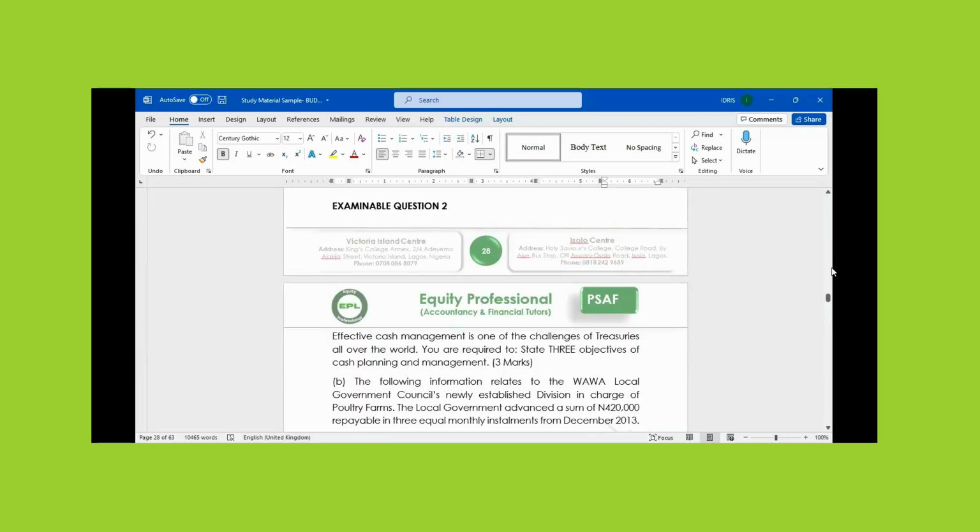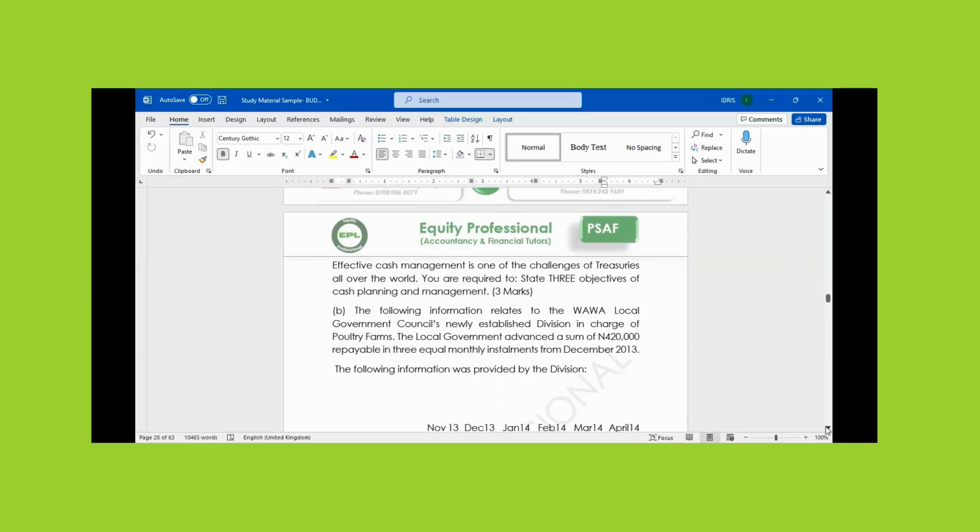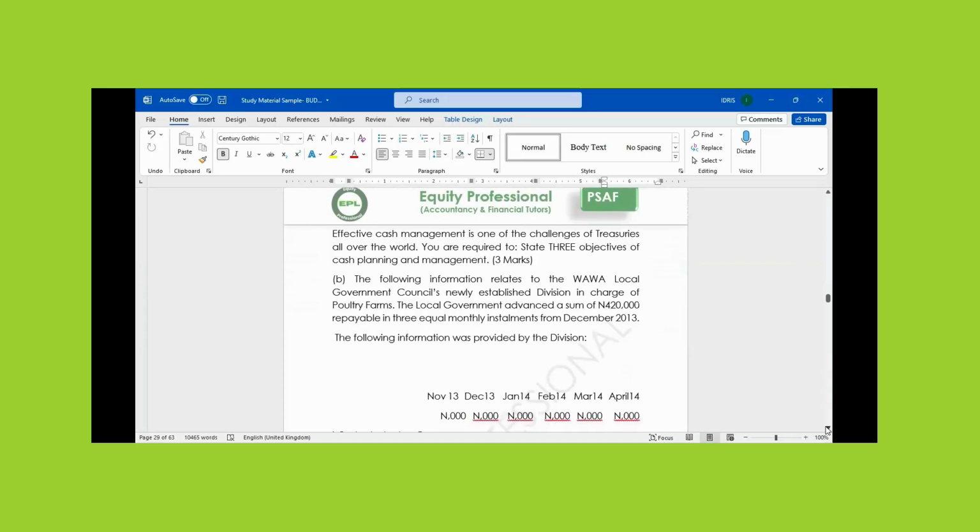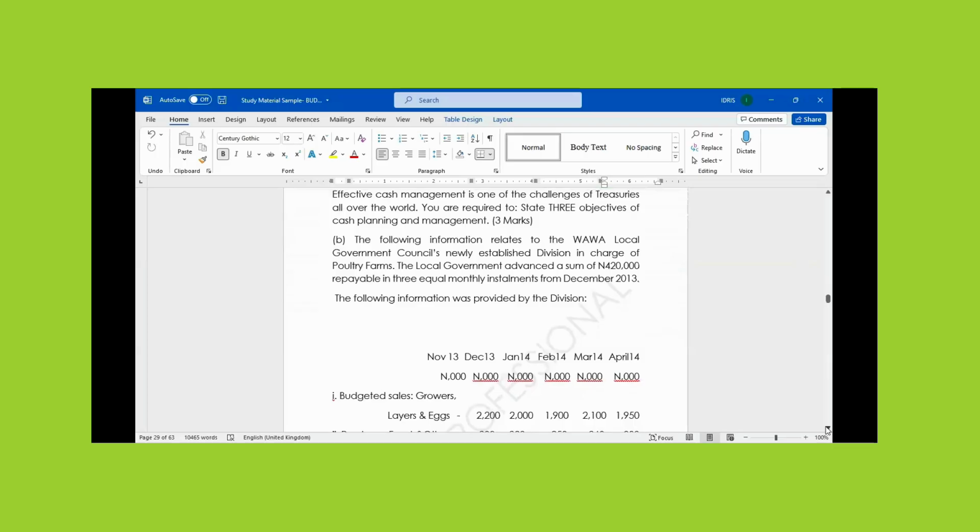You are required to state 3 objectives of cash planning and management, 3 marks. B, the following information relates to the Wawa Local Government Council's newly established division in charge of poultry farms. The local government advanced a sum of 420,000 naira repayable in 3 equal monthly installments from December 2013. The following information was provided by the division.